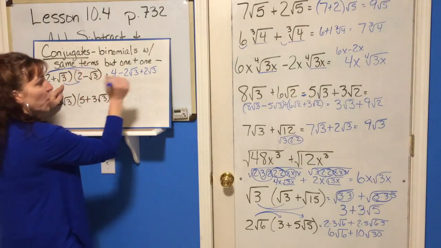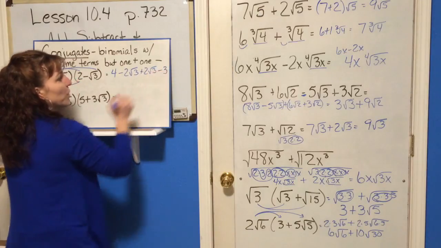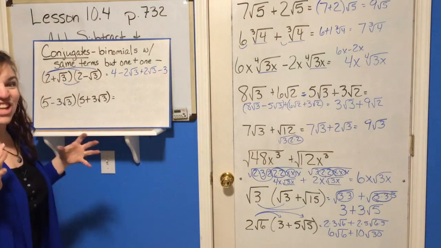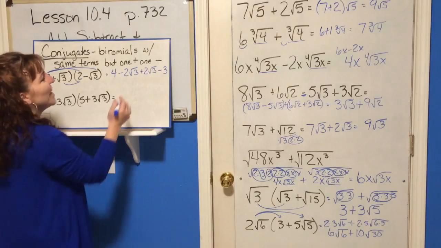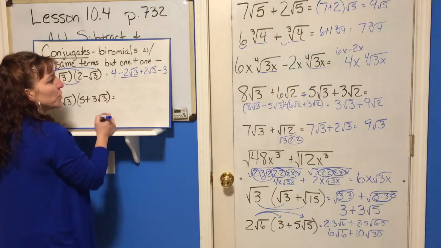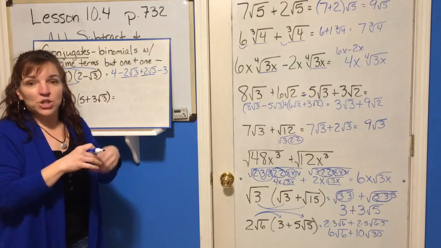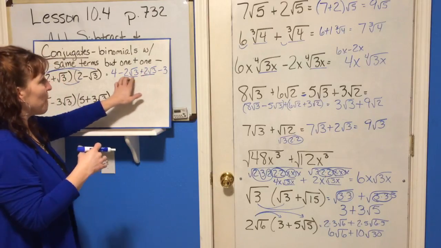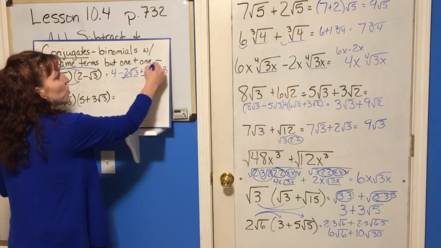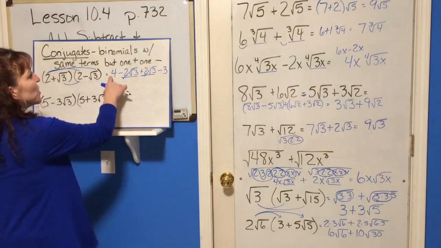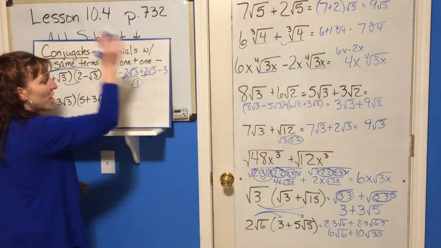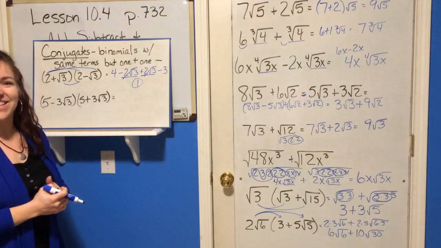So square root of 3 times square root of 3 is going to be just 3. Now check this out. This is so cool. Negative 2 square root of 3 plus 2 square root of 3 are exact opposites. So they totally drop out and go away. Now all you have is 4 minus 3, which is just 1, and you're done. Check that out.